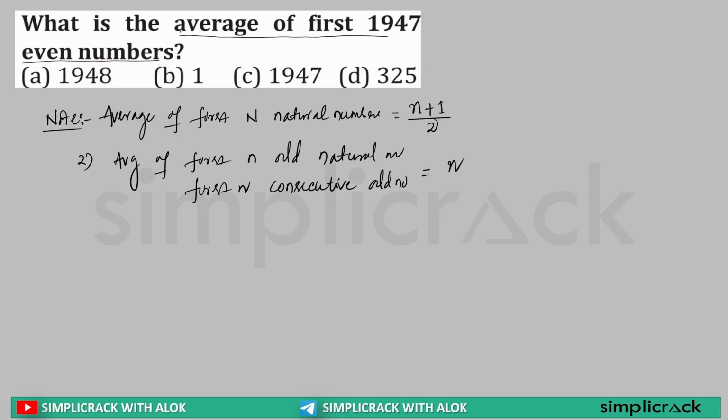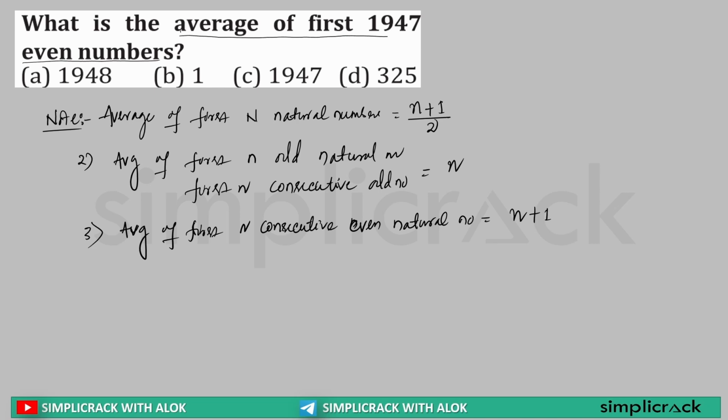So the average of the first n consecutive odd numbers will always be n. Then the third formula. Whenever it asks the average of the first n consecutive even natural numbers, the answer is n plus 1.